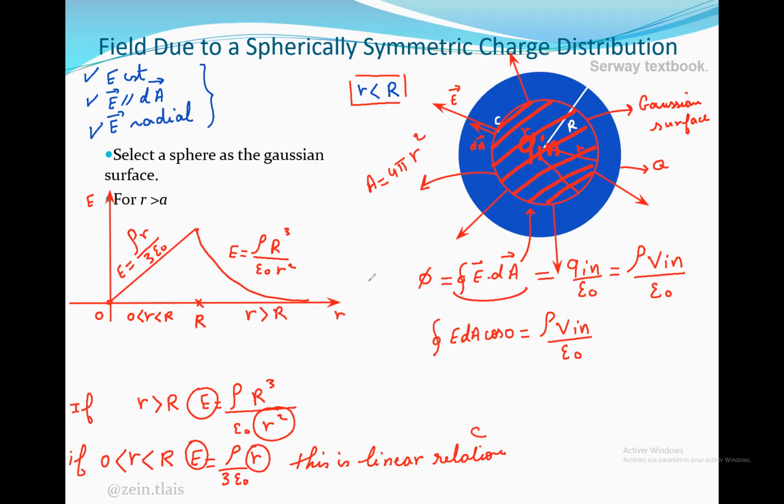In the next videos, we can do some calculations about a conducting object, for example, or some applications about shells, metallic or not metallic, and calculate the electric field at any position, inside or outside the shell. I think that's all about this subject.